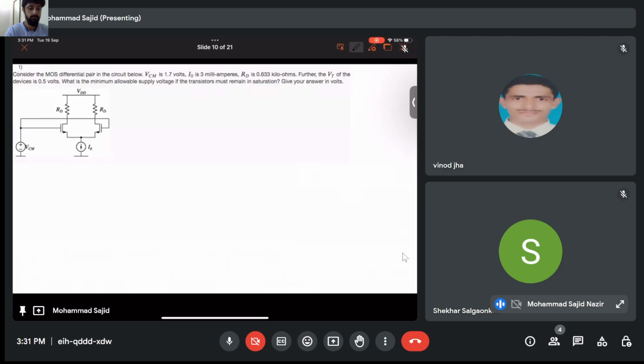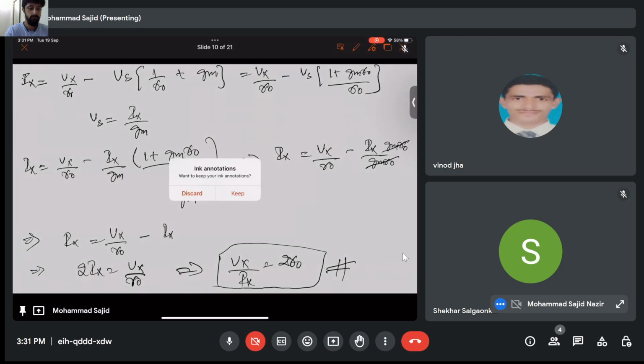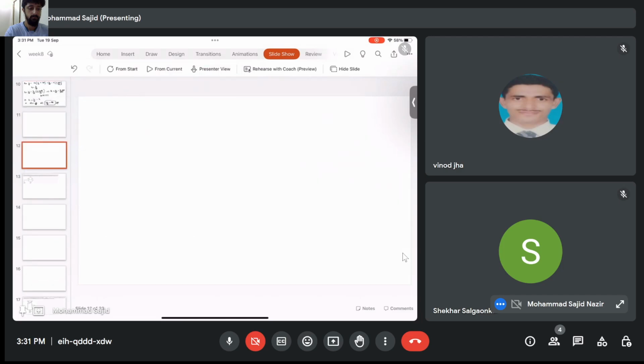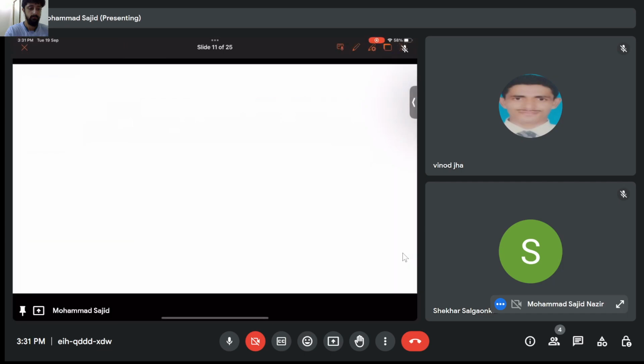So now we found R naught. Now we need to find the effective Gm, what we call the short circuit current.